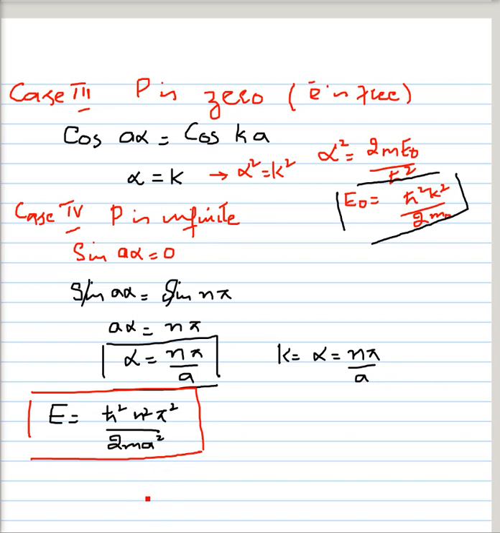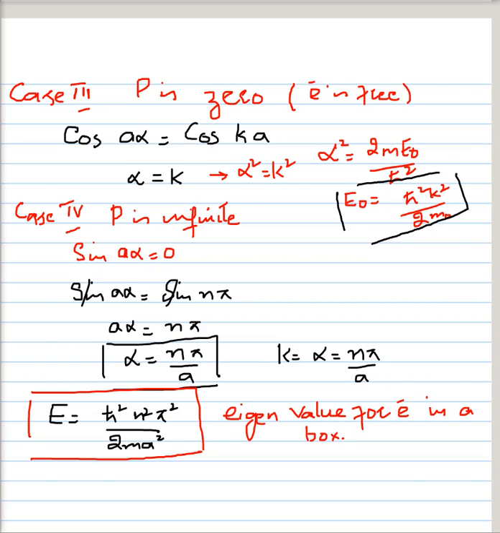That is the discretization of the energy, or you can say the eigenvalue for the electron in a box. So everything has been solved here. We have got the discretization of the energy and we have got the equation for the free electron as well.